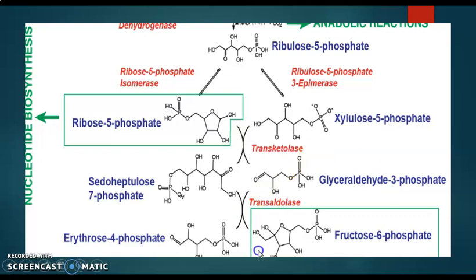And again the reaction of this to form what? This sedoheptulose 7-phosphate and glyceraldehyde 3-phosphate can be converted to erythrose 4-phosphate, which is a 4-carbon sugar, and fructose 6-phosphate.